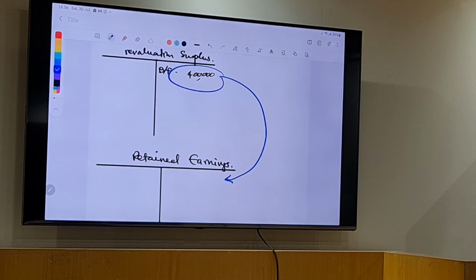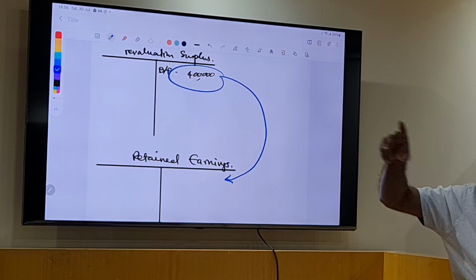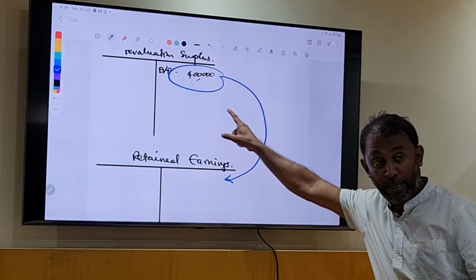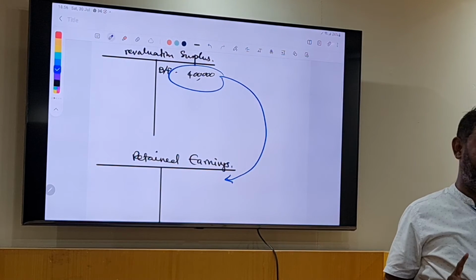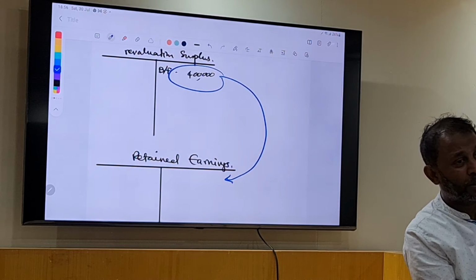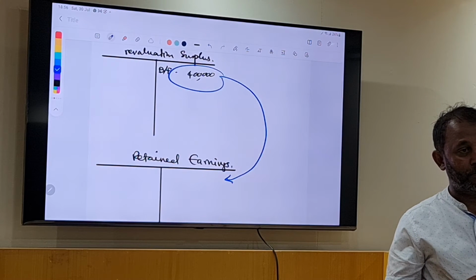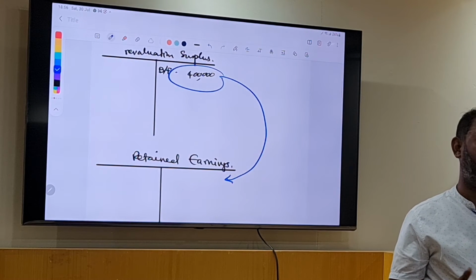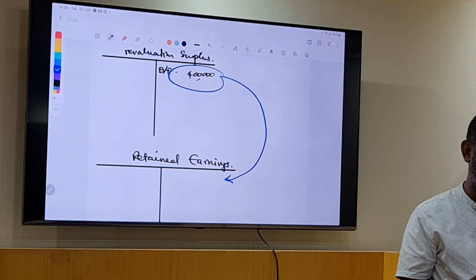If you debit retained earnings, your profit will increase or decrease? Decrease. But what we want to do is give a portion of the revaluation surplus to the retained earnings. If I am giving to retained earnings, my retained earnings should increase or decrease? Decrease. Okay. Did you understand what I'm saying?